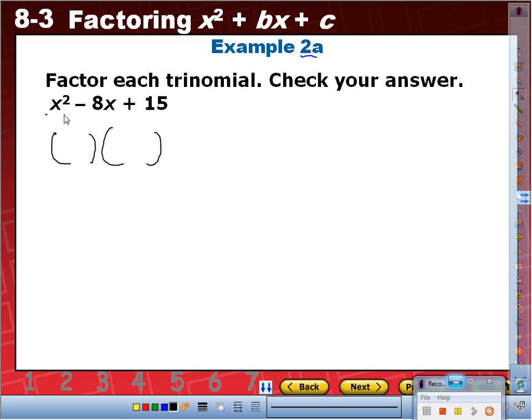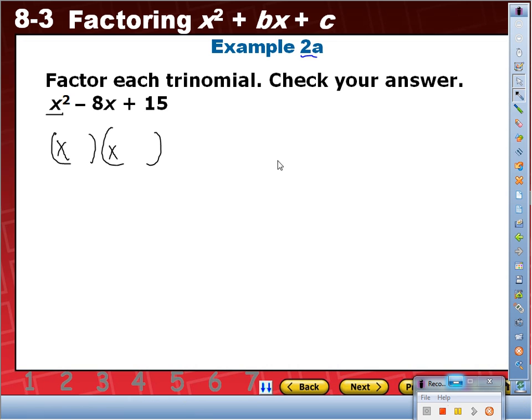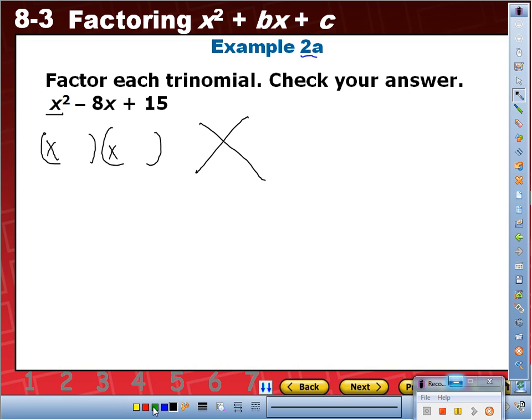Step 3, factor the first term, x times x. Step 4, Power Rangers. We got negative 8 underneath. That's our sum. Our last term is 15.